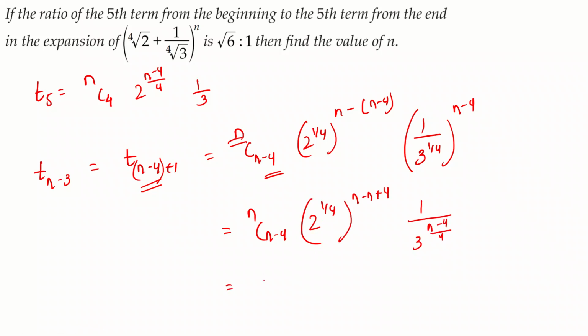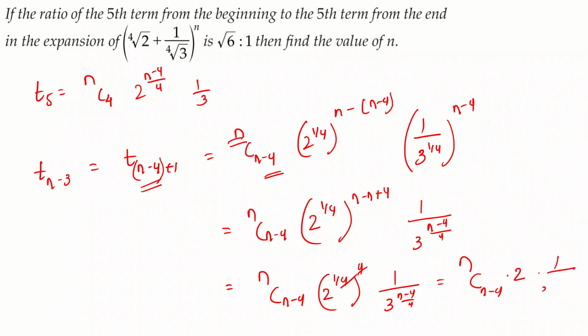Alright, so nC n minus 4, 2 to the power of 1 by 4, whole to the power of n, and n cancels out, we are left with just 4, and 1 by 3 to the power of n minus 4 by 4. This 4 and 4 also gets cancelled out, and we are left with 2 to the power of 1. So we have nC n minus 4 into 2 into 1 by 3 to the power of n minus 4 by 4. Alright, so let me again make some space.